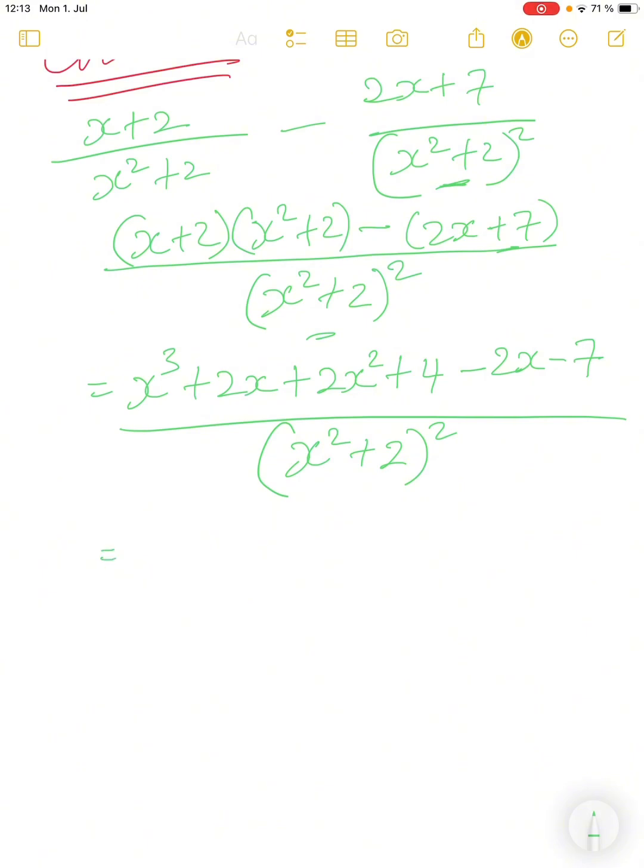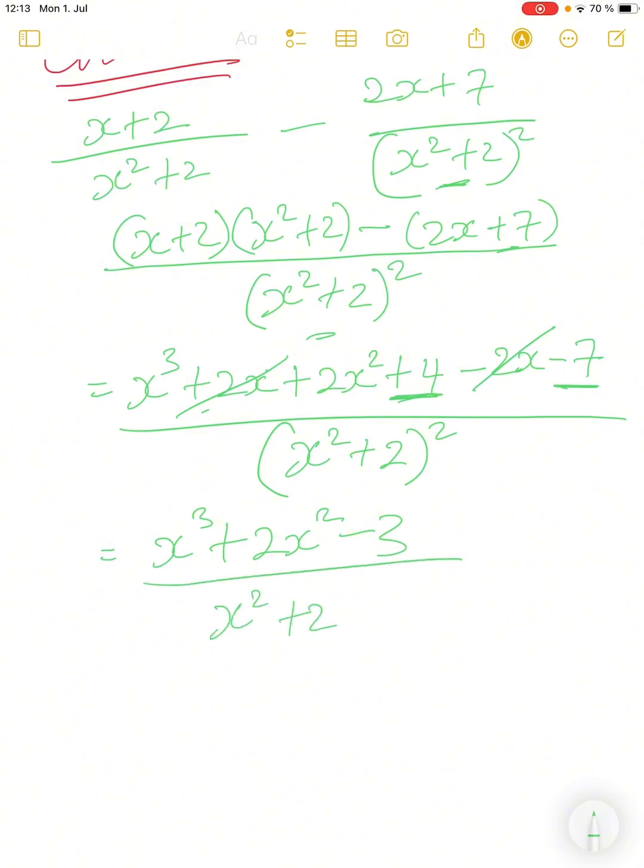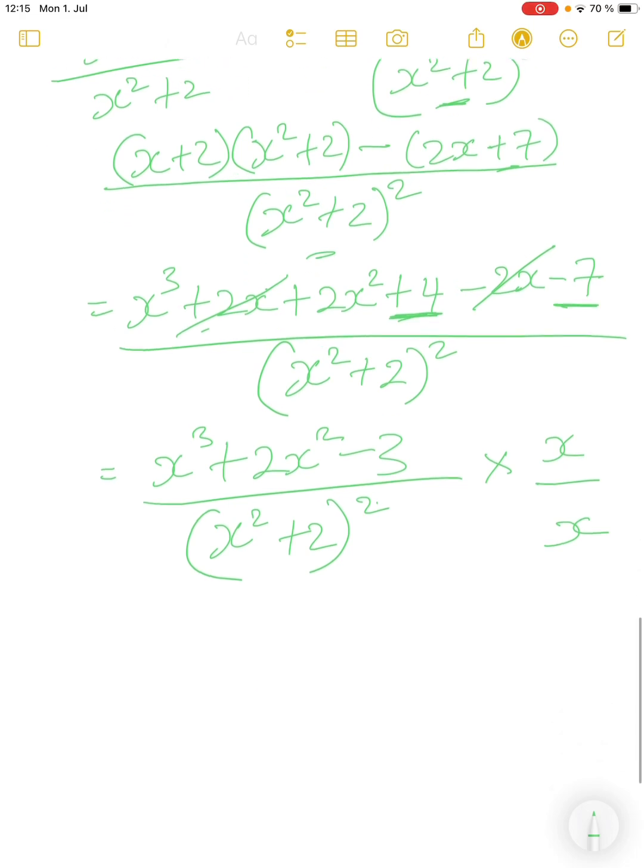So this is the same thing as x power 3 plus 2x squared plus 2x minus 2x is 0, plus 4 minus 7 is minus 3, over x squared plus 2 all squared. So we can decide to multiply by x over x, because x over x is 1, and this times 1 is the same fraction, so this is correct.